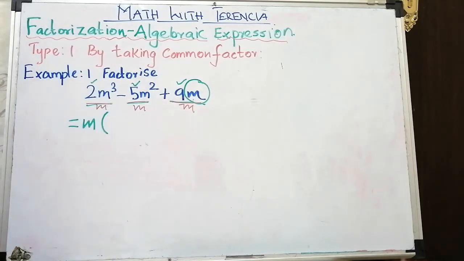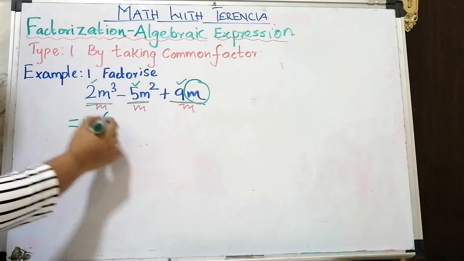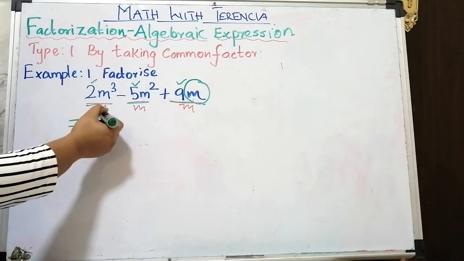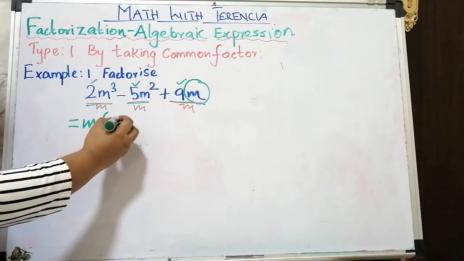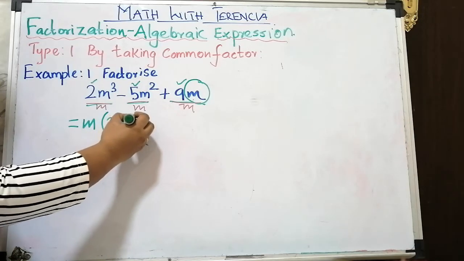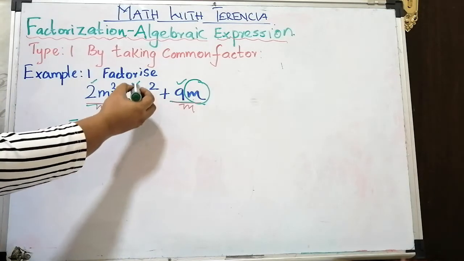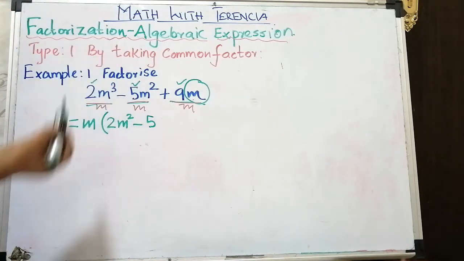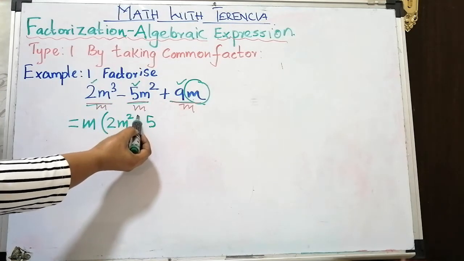So when I divide by m, what will I get? The number is the same, so I write 2 as it is. M power 3, that is m cube divided by m is m power 3 minus 1, that is m square. Write the minus sign as it is, and then 5, I don't have a number, so I write it as it is, that is 5 by 1 is 5, and next m square divided by m.